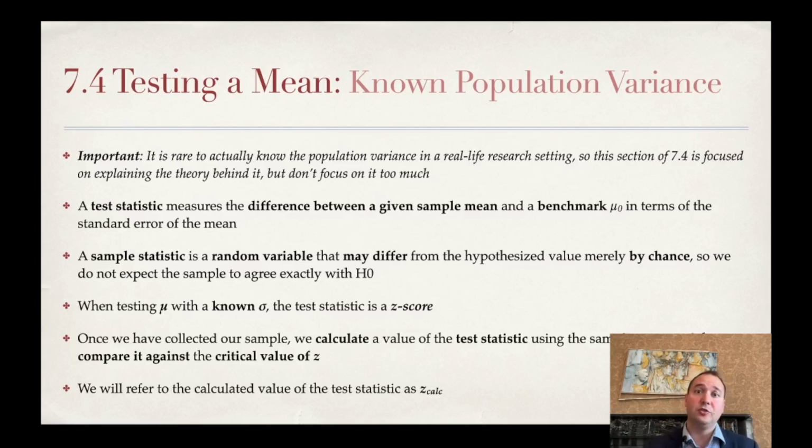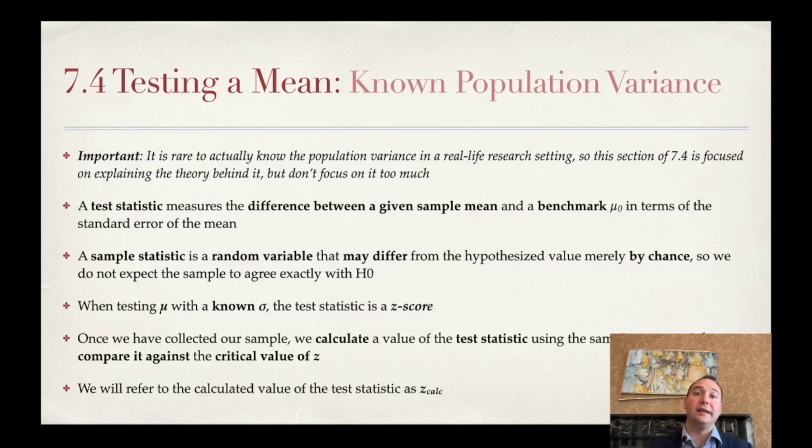Let's say you're trying to evaluate the average height of all the people in Korea. It's impossible to know this. So what would be the population variance? How much does that value vary from person to person? That's also impossible to know exactly.